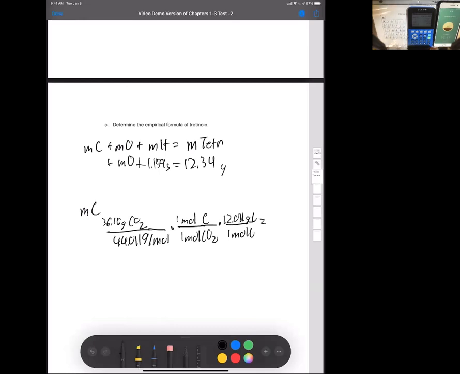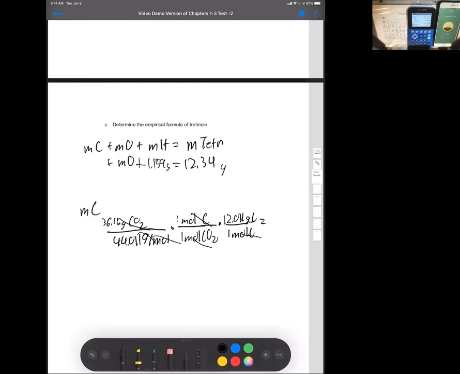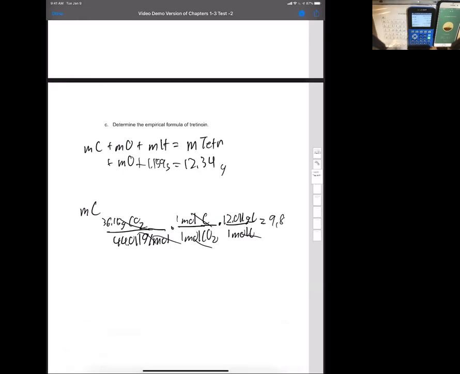Let's plug this into our calculator. Moles of CO2 cancel out, moles cancel out, grams cancel out. 36.15, the whole thing divided by 44.011 times 12.